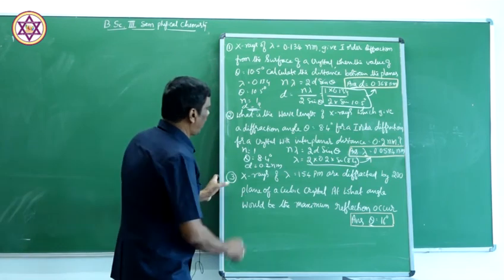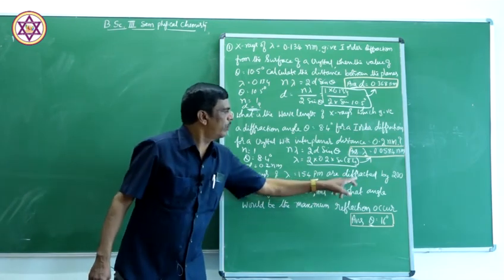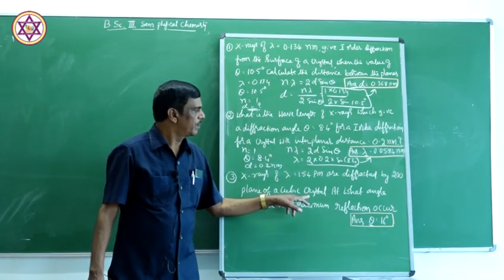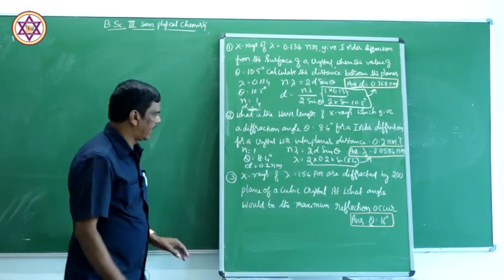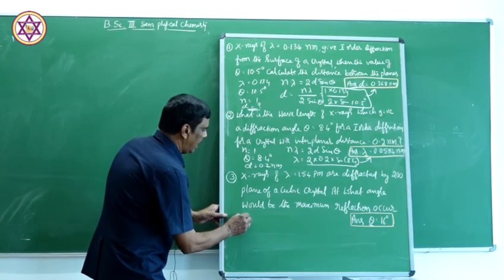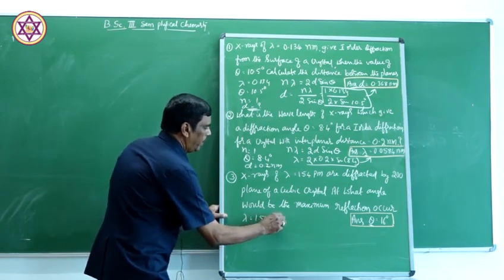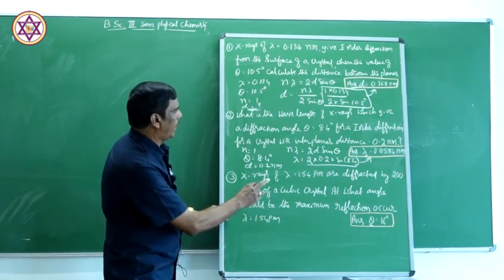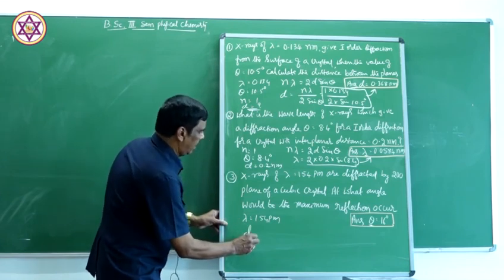In the third problem, X-rays of wavelength 154 picometers are diffracted by the 220 plane of a cubic crystal. At what angle would the maximum reflection occur? Given lambda is equal to 154 picometers, and the 220 plane is given, d220.